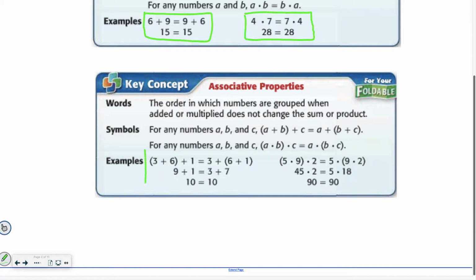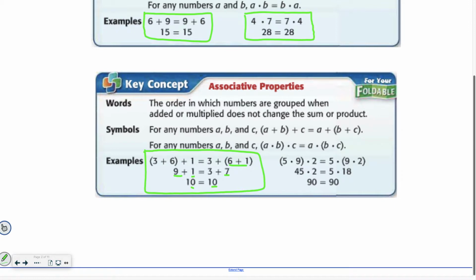So if we look at the example again, if I choose to do 3 plus 6 first, then I would have 9 plus 1, and it equals 10. Or I could choose to group 6 plus 1 together, so I'd have a 7, and 3 plus 7 also equals 10. So you can see that the associative property, when you group different things together, it still works for addition.